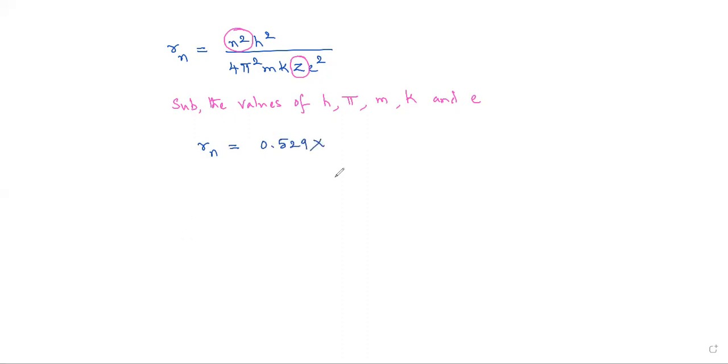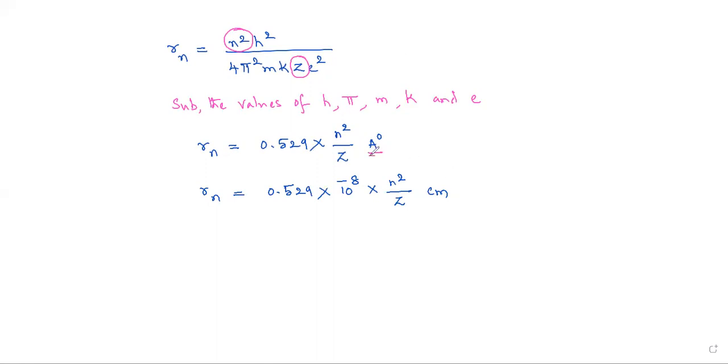Substituting all these values, you can just write this as 0.529 into n square by Z angstrom, or else radius of nth orbit can be written as 0.529 into 10 power minus 8 into n square by Z centimeters.